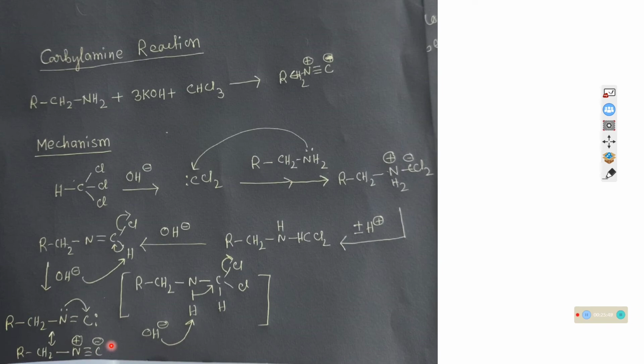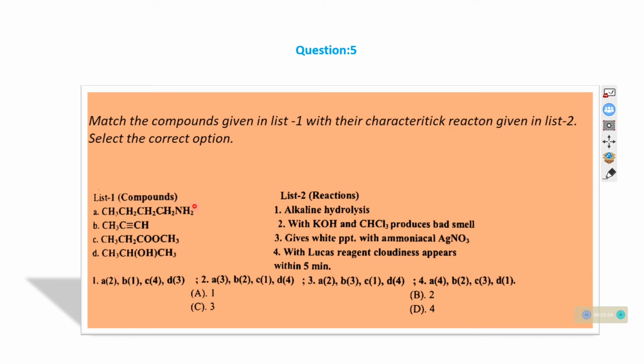This is the mechanism of the carbylamine reaction. So primary amine A matches with 2: KOH and CHCl3 produces bad smell.